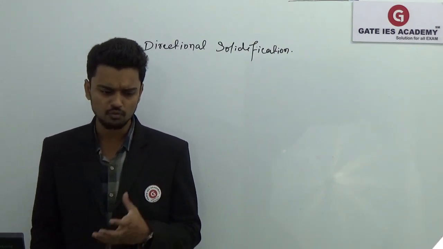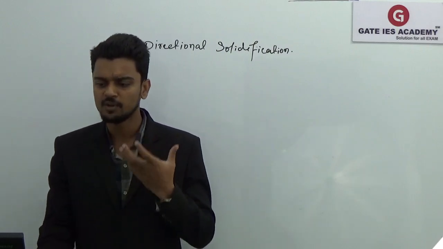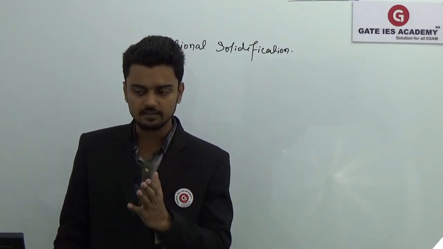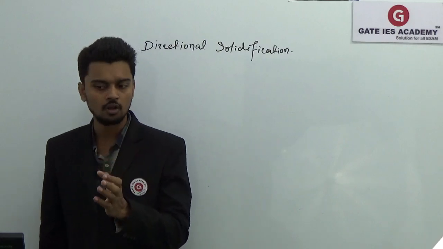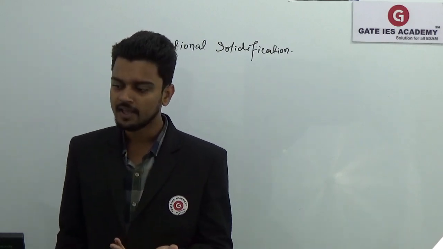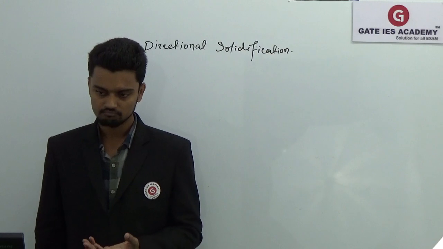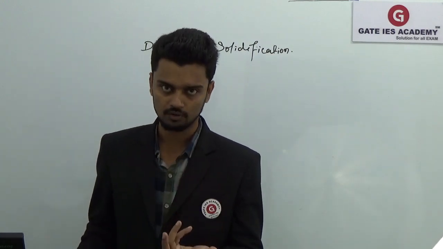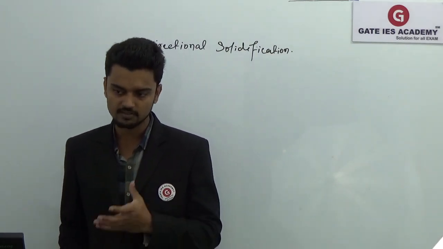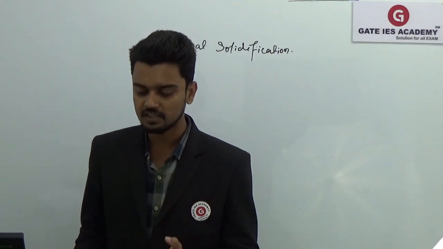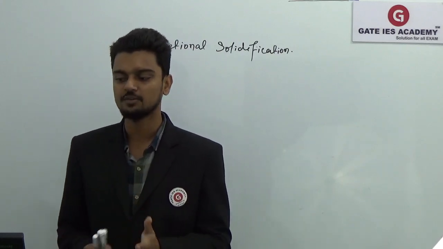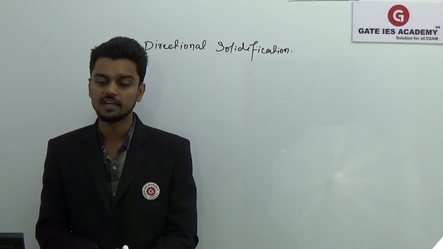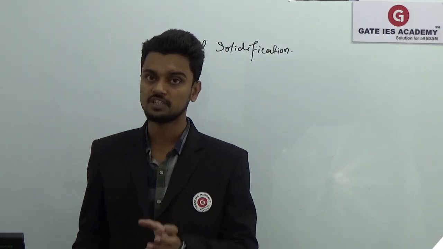So we have to make an aluminium alloy casting. In that, we have to make a cylindrical hole of 100 mm diameter and 100 mm length by using the sand core. The material of the core here is sand, whose density is given as 1600 kg per meter cube. We have to find the net buoyancy force in Newton acting on the core.